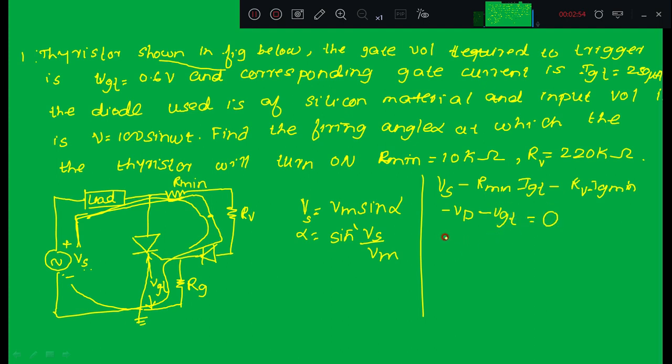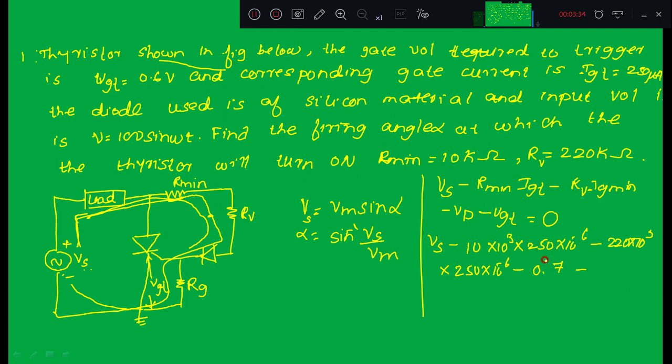From here we'll find Vs: Vs minus R minimum, which is given as 10 kilo ohm, into IGT, which is given as 250 micro, minus R, which is 220 kilo ohm, into IGT again 250 micro, minus Vd, the cut-in voltage of the diode, which is silicon, so 0.7, minus VGT.